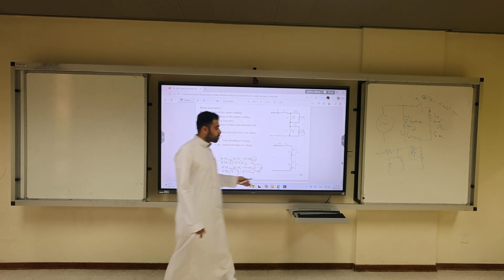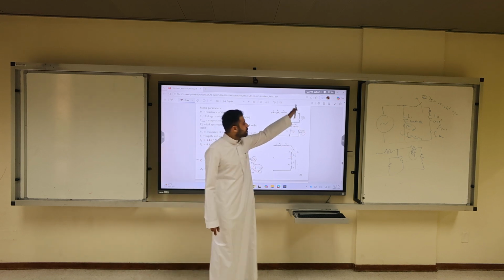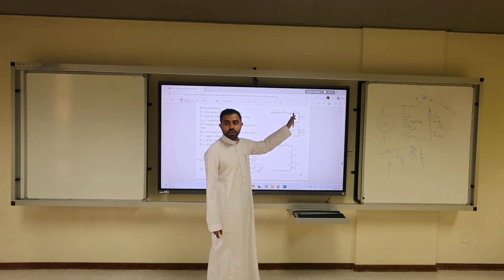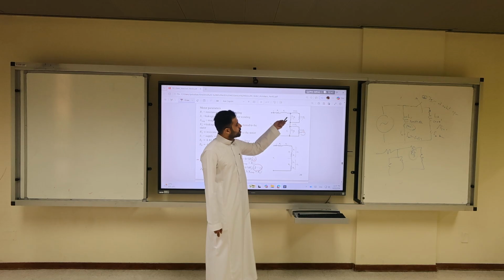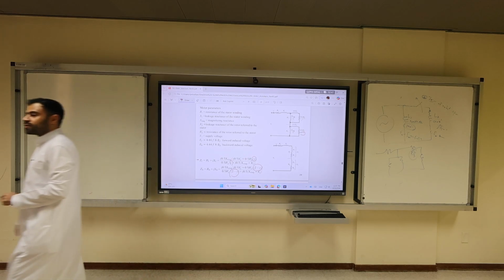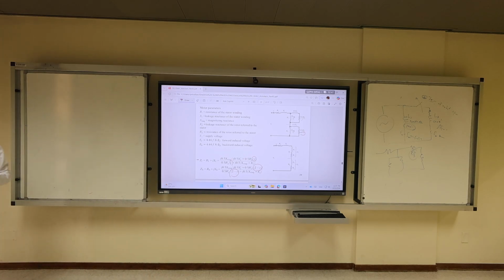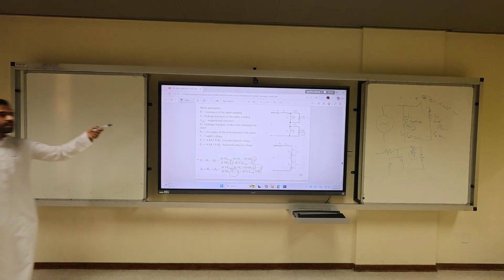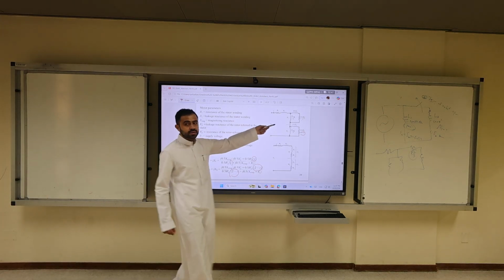So if you don't want to know the formula, you can plug the numbers here and do the parallel combination, and you will get R plus jX. So I prefer to use the original circuits. Why do I prefer to use the original circuits? Because if you use any simulation software and you want to compare the results, usually it uses the more accurate circuit, so you'll have better results.